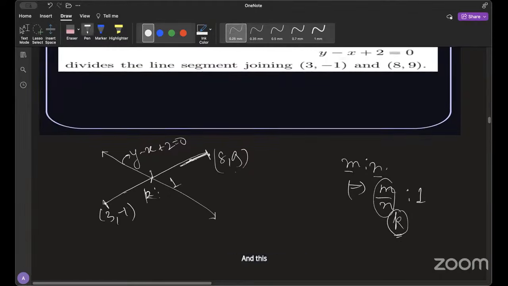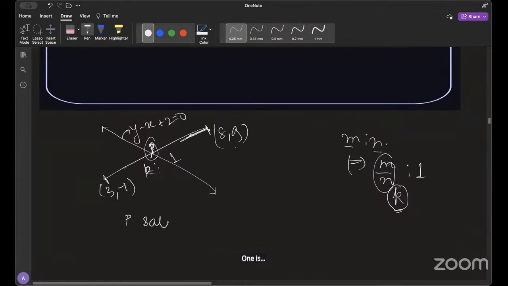Let's say this is the point of intersection of these two. We don't need to find the point of intersection. If you look at it carefully, this point P satisfies two things. First, P lies on the line L. Let's call this line L. So P satisfies this equation, right?